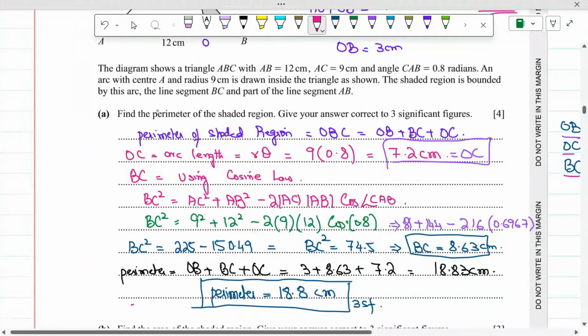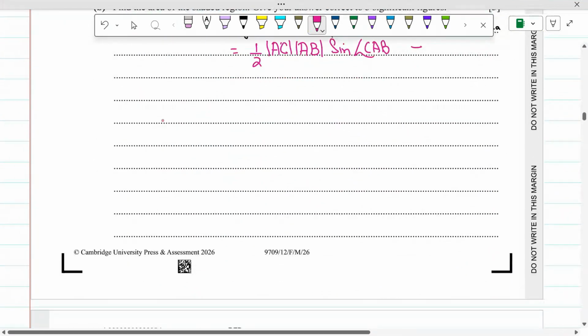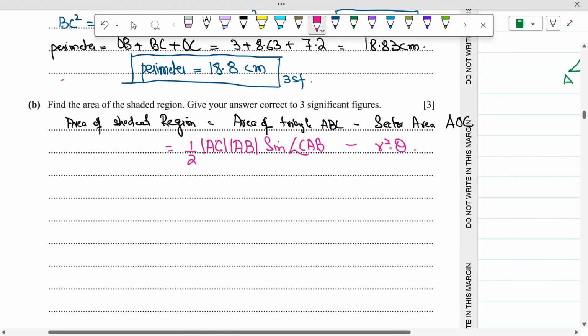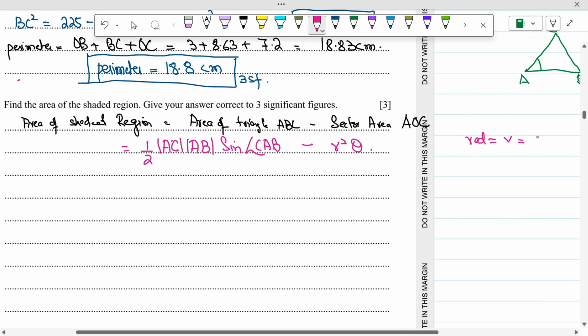We know that the area of the sector is equal to half r square theta, and in this case the radius r is 9 centimeters, and theta is the angle of the sector, which is CAB.